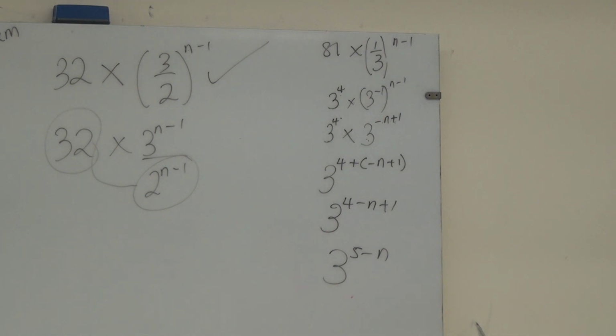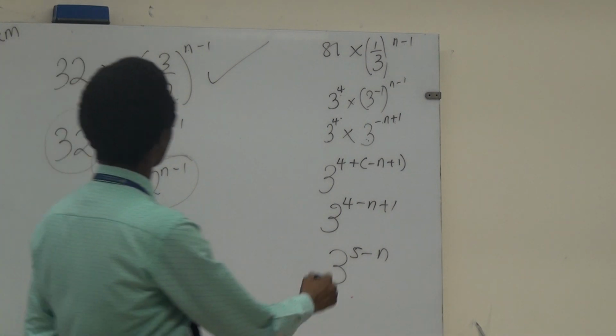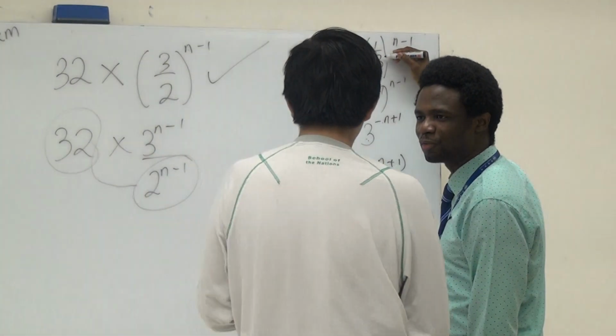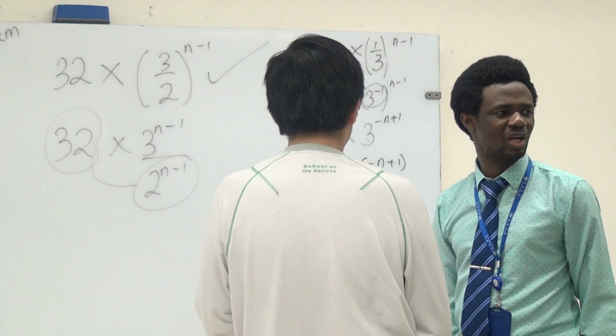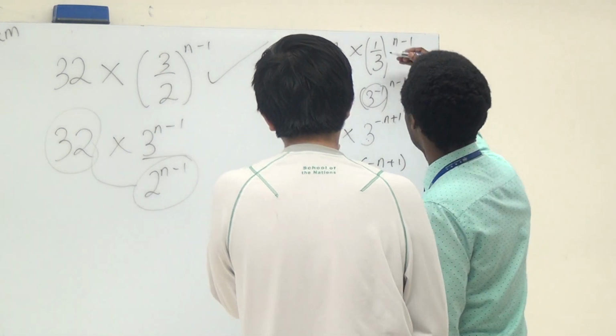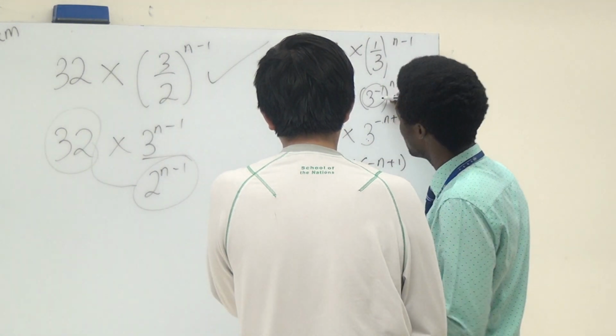If this number is 24, there's no way you can write it. For example, here my common ratio is 2. There's no way I can write 5 as a power of 2. So it means I can't do it. In this case, I can write this as a power of 2. But in this, I can write it like this. So that tells me something.